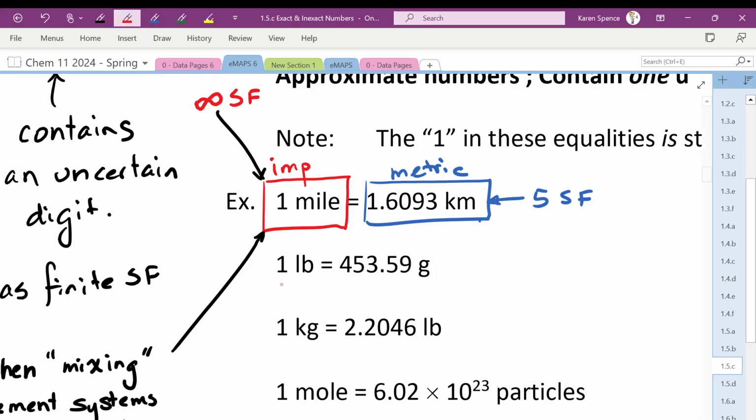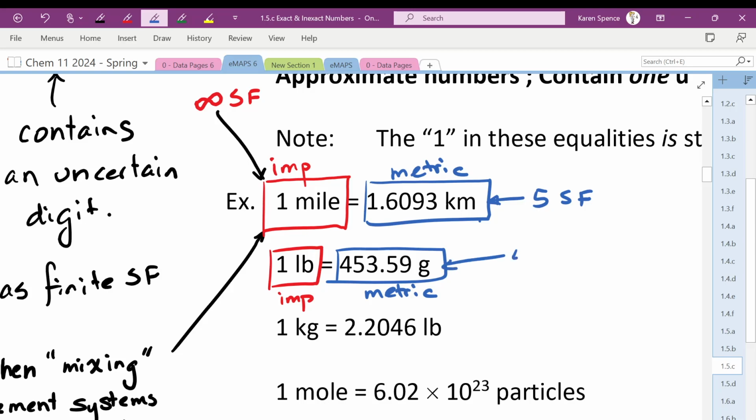A pound is imperial and grams is metric. How many sig figs in 453.59 grams? 5 sig figs. And how many sig figs in 1 pound? Infinite sig figs.